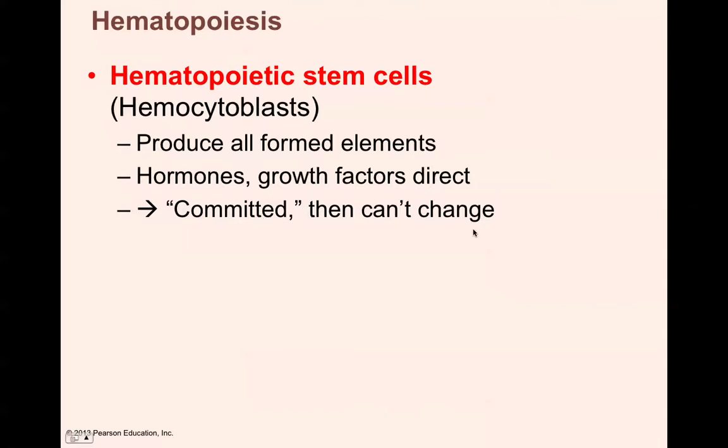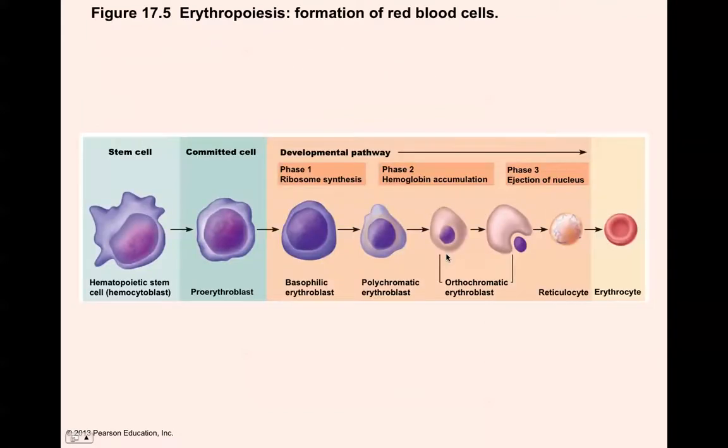That means it can't change back to become a different kind of cell. Then, once formed, these new cells enter the sinusoids in the bone marrow, and a sinusoid, remember, is an enlarged blood vessel, so they will go out into circulation.